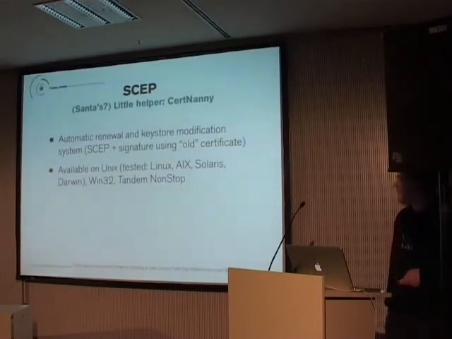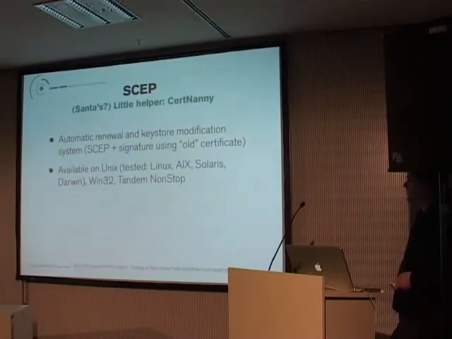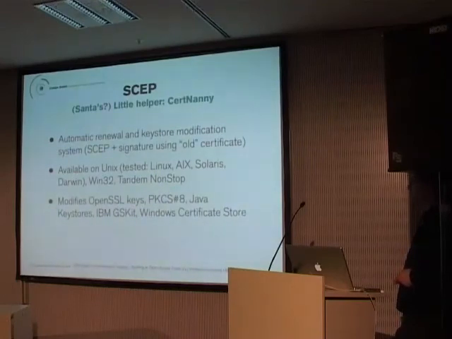So basically, it's available on a lot of platforms, some really weird ones as well, and more weird ones coming along on the way. You can modify OpenSSL keys, PKCS11, Java key stores, GSKit, and a certificate store. So that's pretty much nearly everything everybody uses, actually. PKCS12 is missing, I guess, but more or less this covers a lot of software that actually uses certificates.